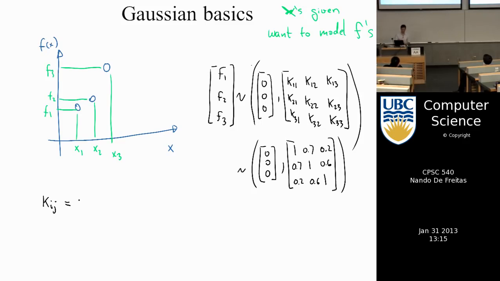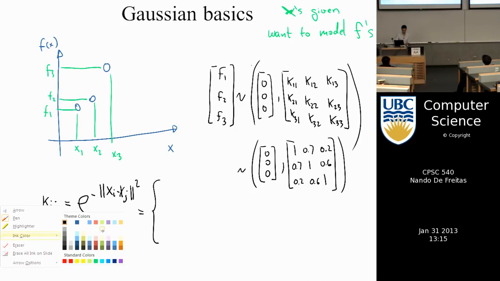How do we construct a measure of similarity? There's many, many ways. One possible way is to use this quantity, which we call the squared exponential kernel. It's exponential and it's squaring a distance. Now, this has the following properties.